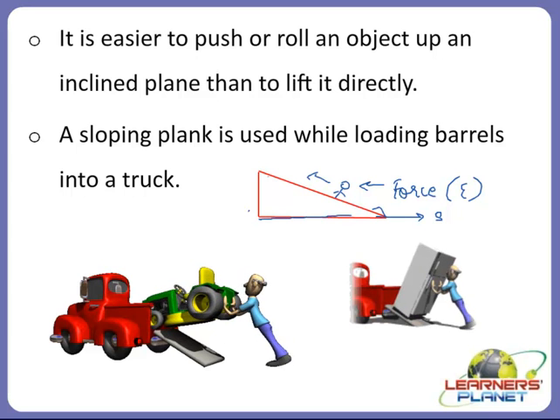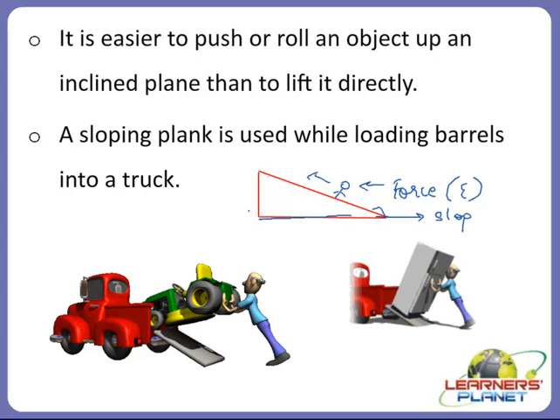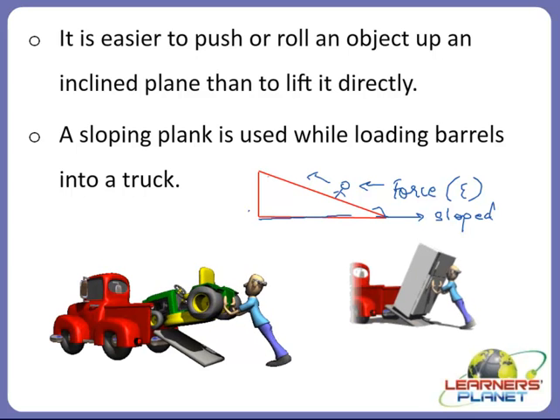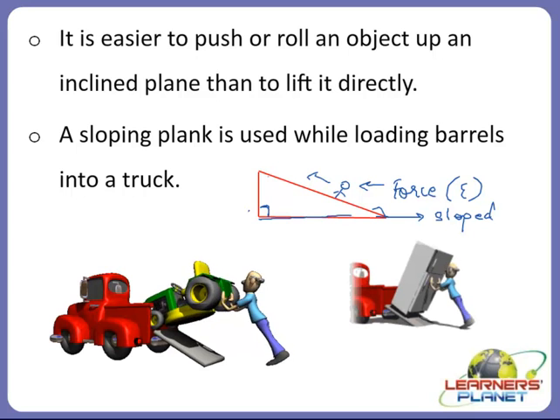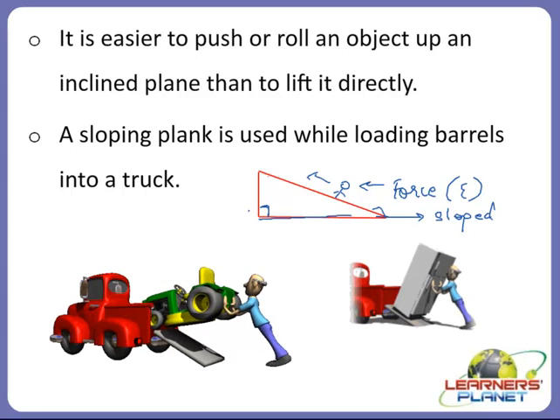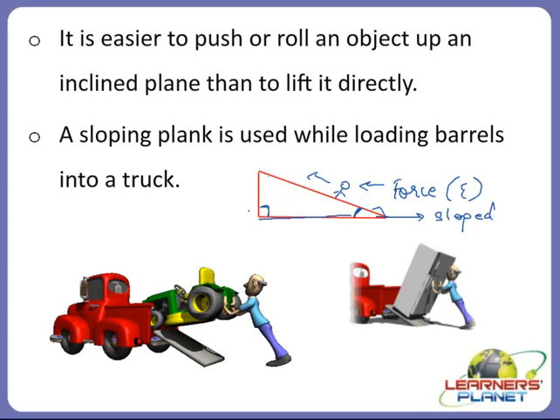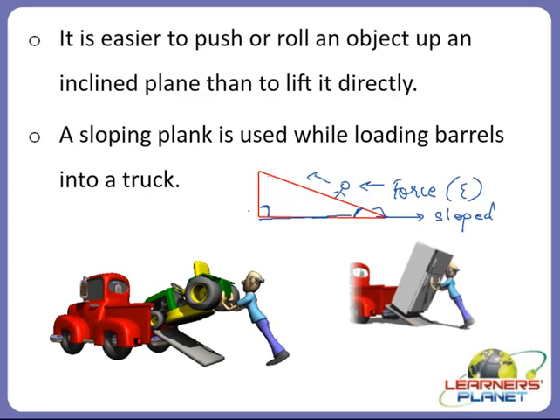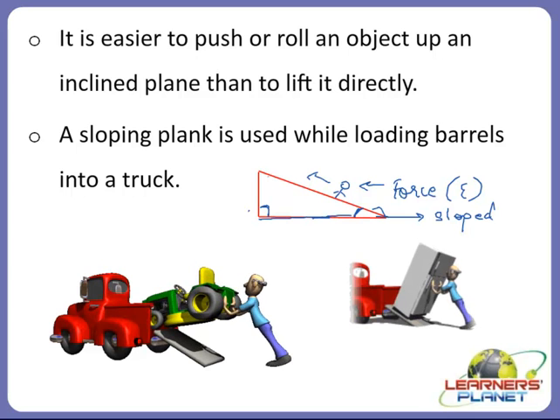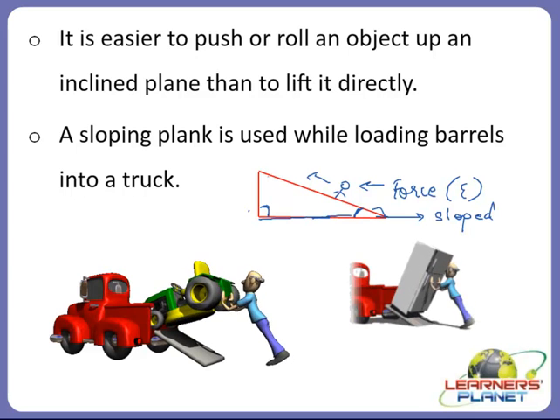That means it is sloped, not leveled, right? So the inclined plane is a plane surface which is set at an angle other than a right angle. This one is a right angle. So an inclined plane is set at an angle other than the right angle. That means here it will make an angle against a horizontal surface. This is a horizontal surface, right?